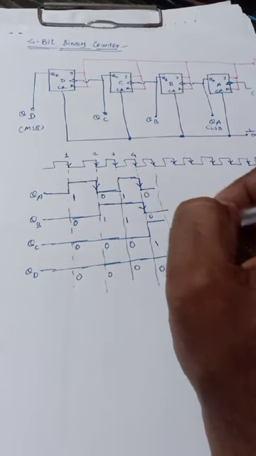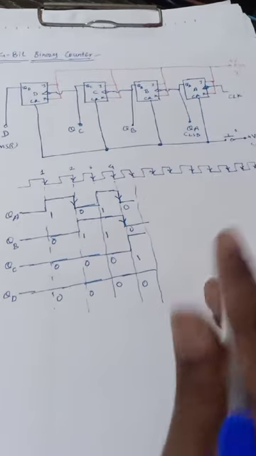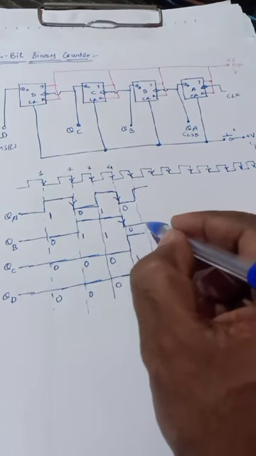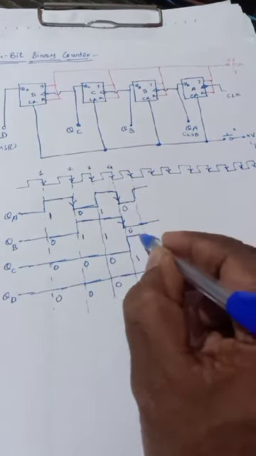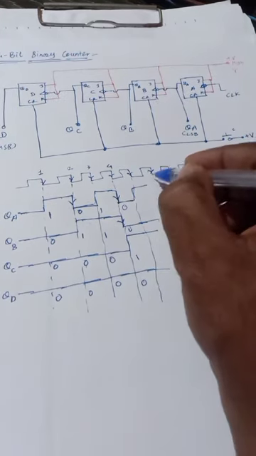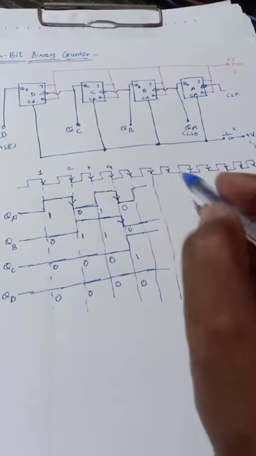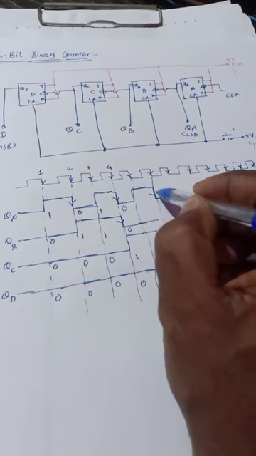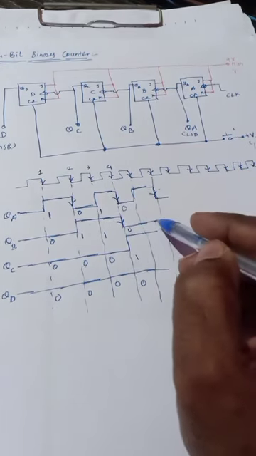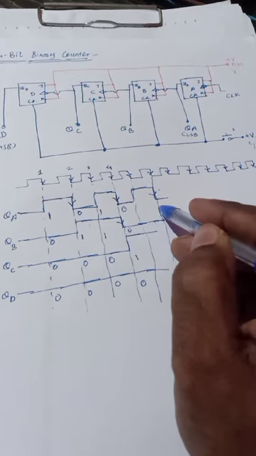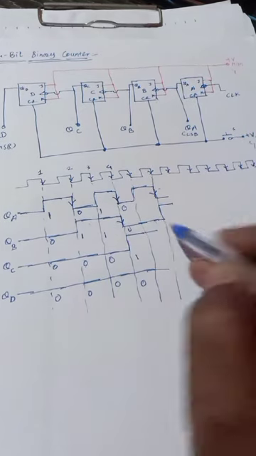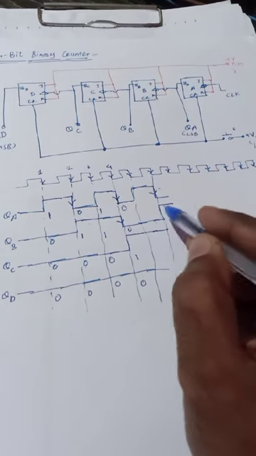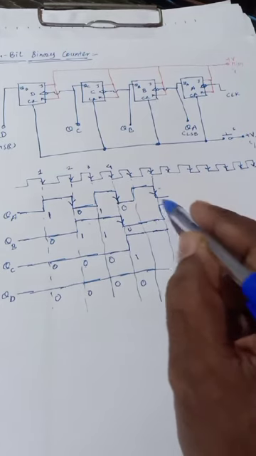Similarly, at the arrival of the fifth clock, the first flip-flop toggles. There is a positive change, so there is no change in the next ones. As it toggles, it is applied to the next clock, so it is a falling edge and it toggles again. Here there is no change because it is a rising edge.